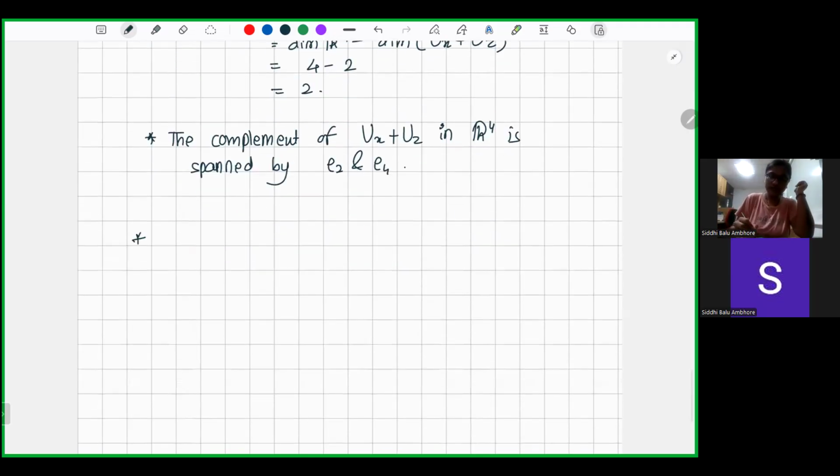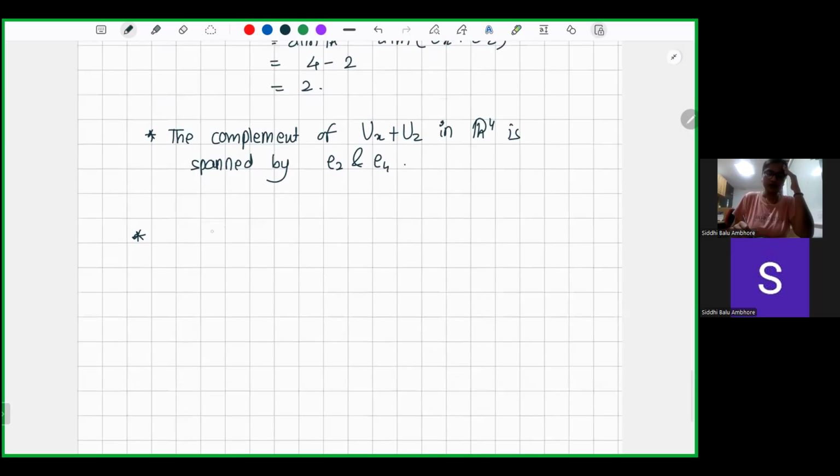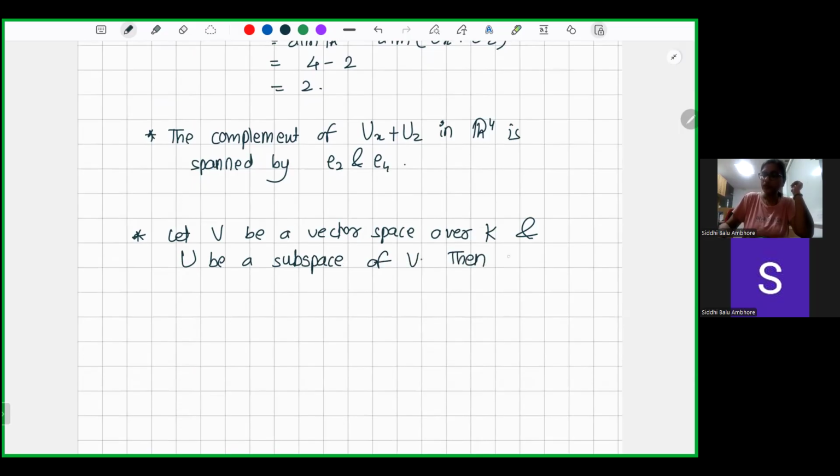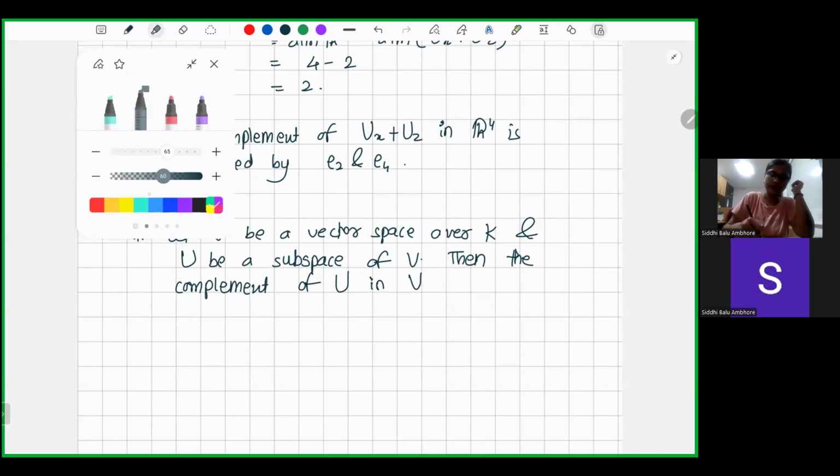So understand this: let V be a vector space over K, and U be a subspace of V. Then the complement of U in V, so this is not just the basic set complement.